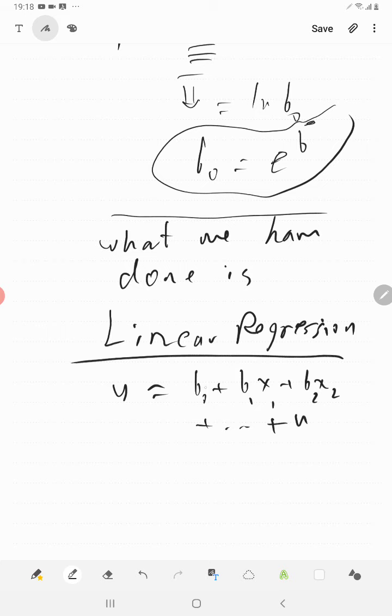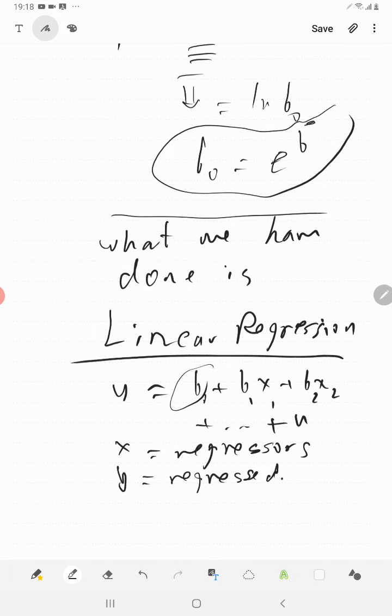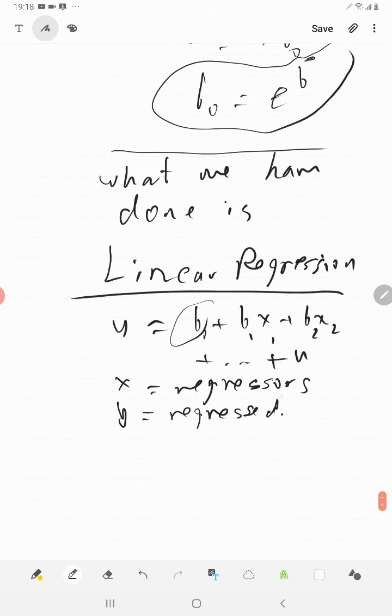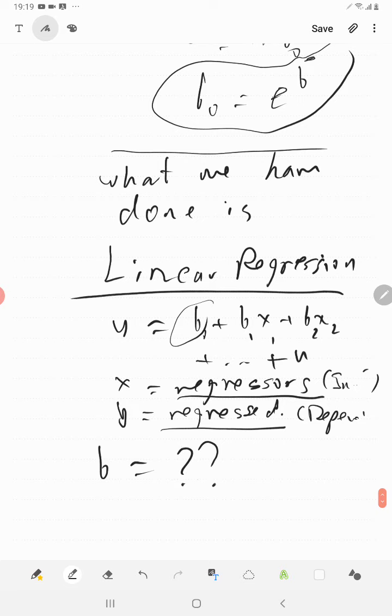So finding b0. X are the regressors, as we call them in statistics, and Y is regressed, or instead of regressors, we call them independent variables, or dependent, independent, okay.